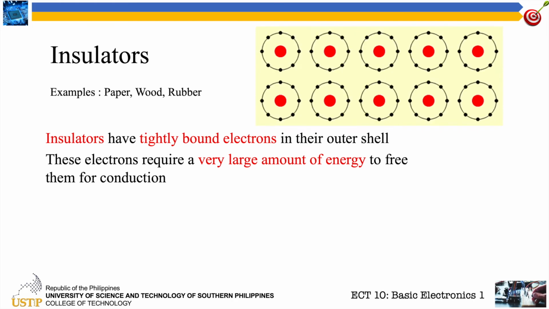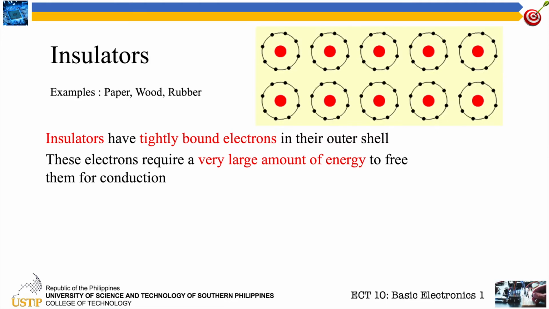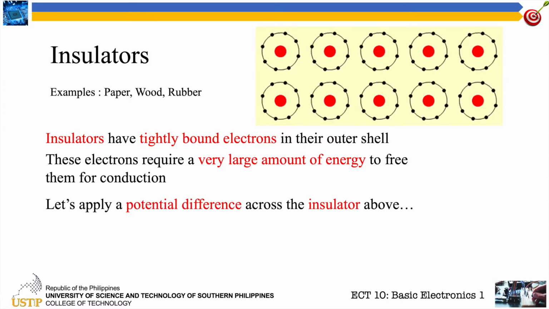If it's so light, then you just need a small push, a small amount of force or energy, and that material is going to move. Same with our atoms. Since there are so many electrons in its outer shell, we really need a very large amount of energy. Later, I am going to show you what happens to our outer shell bound electrons if we apply a potential difference.